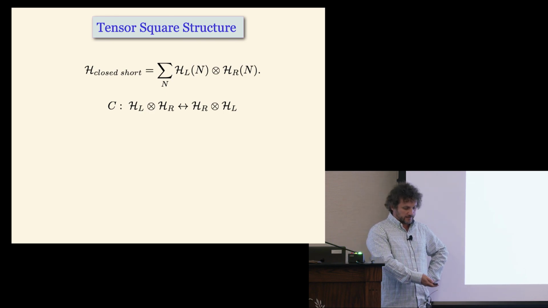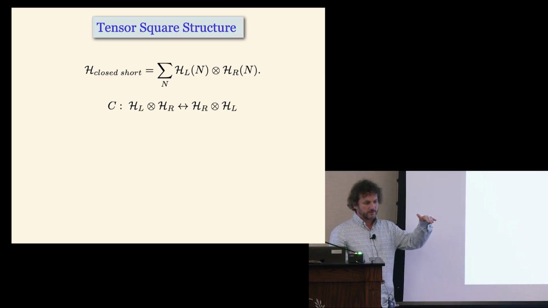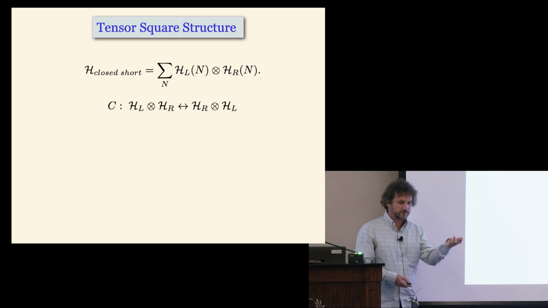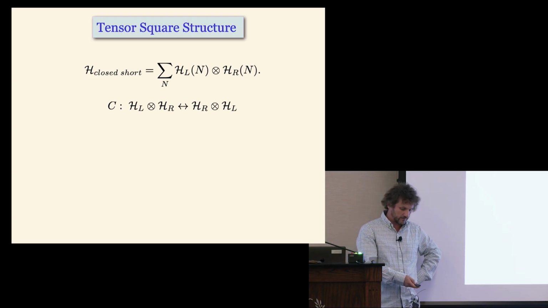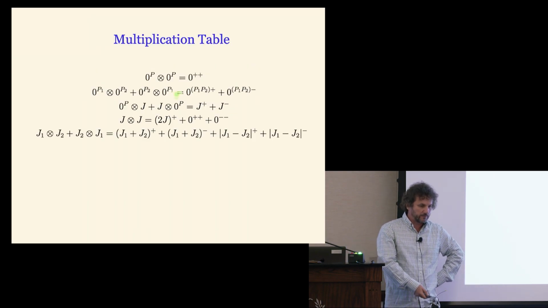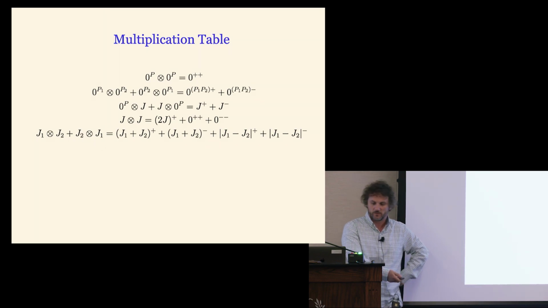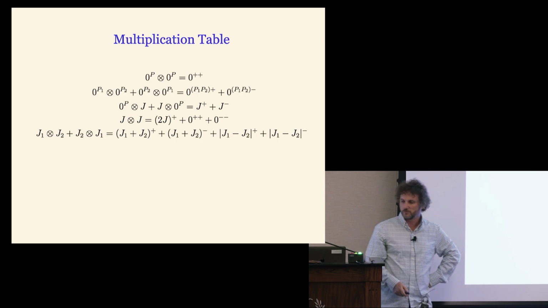Already this simple ansatz has some power. Namely, it predicts that level by level you expect to find multiplicities which are integer squares. And it also controls what kind of representations you can obtain. This is a simple multiplication table for O2 representations.